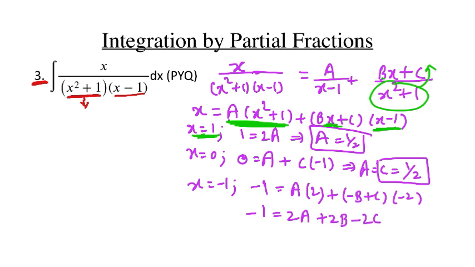We have a and c की value already, which makes it minus 1 equal to 2 into half plus 2b minus 2c is 1 by 2. You can cancel this, and this also gets cut, and eventually it gives you minus 1 by 2. You can calculate for yourself.